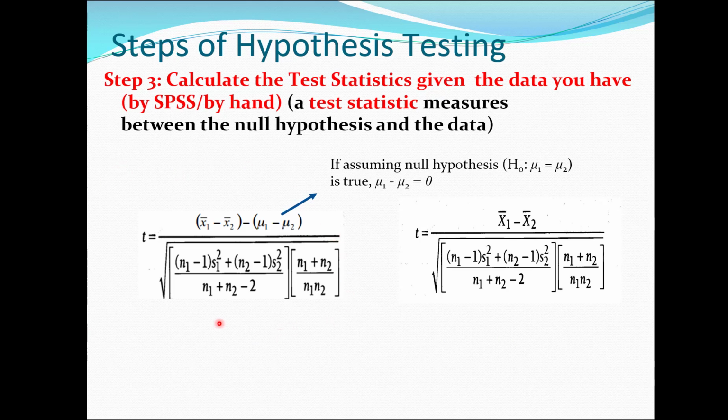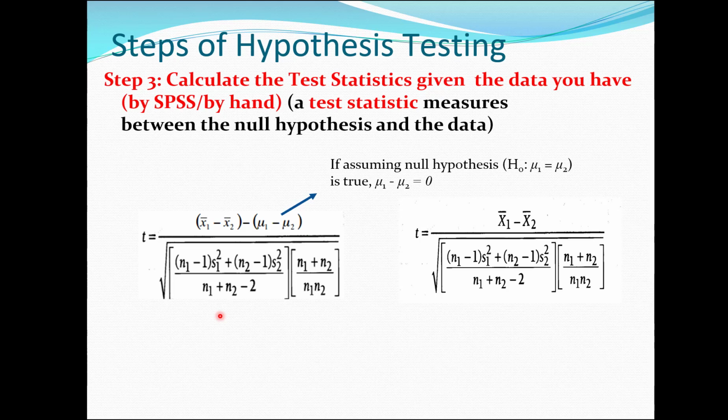But for me, this formula is really important because with this formula, you can understand how we are connecting data collected from our samples with the population parameters.